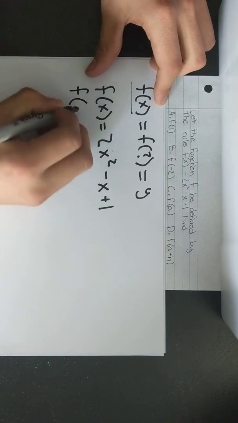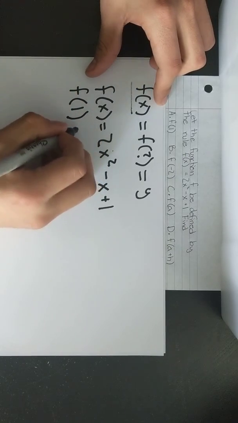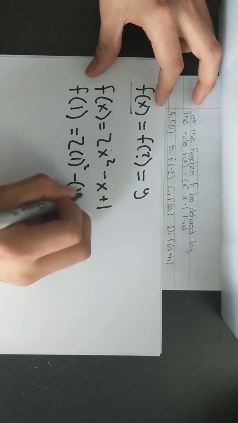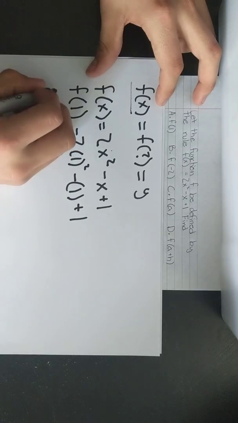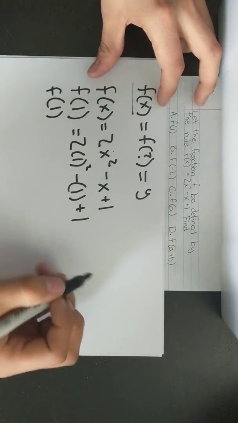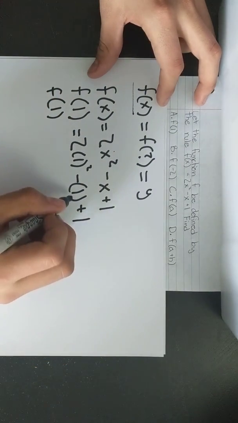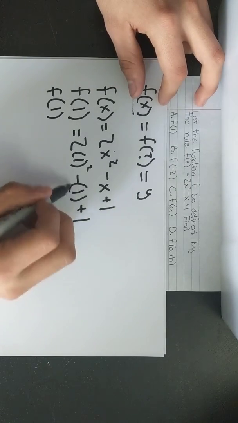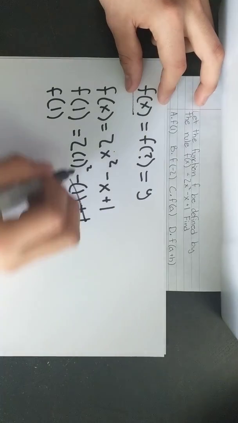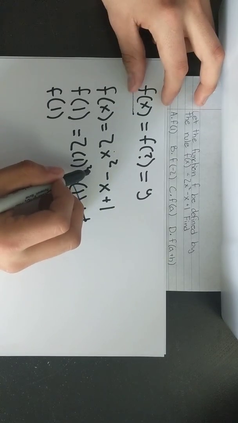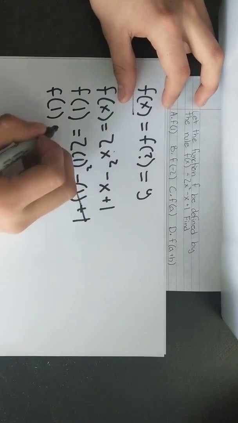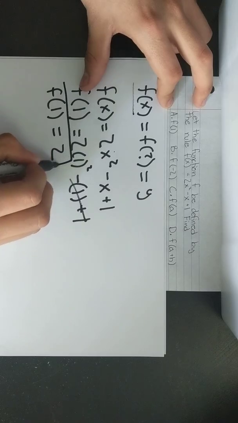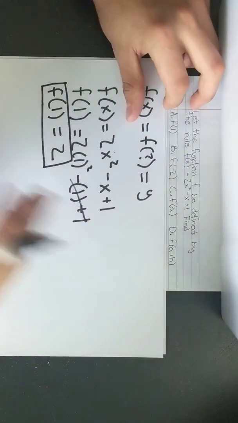So f of 1 equals 2 times 1 squared minus 1 plus 1. I just plugged it in. Now, these two are going to cancel: you distribute the negative, plus 1, that equals 0, so that cancels out. Now we have 1 squared, which is just 1, times 2 is just 2. So this is our answer for A.